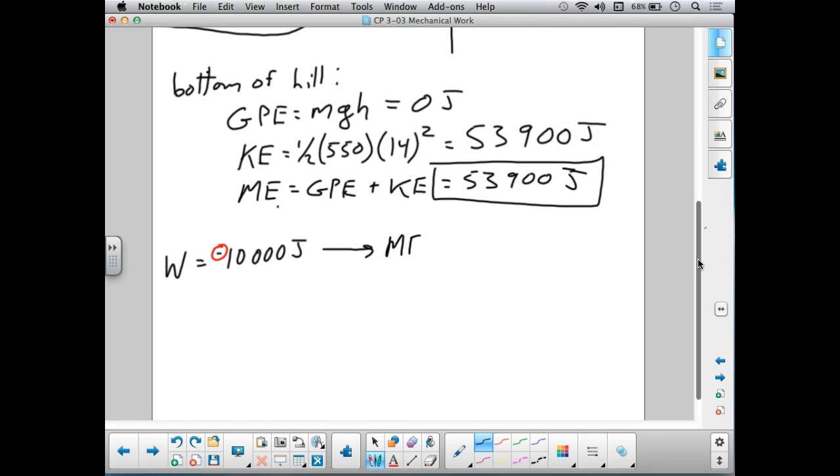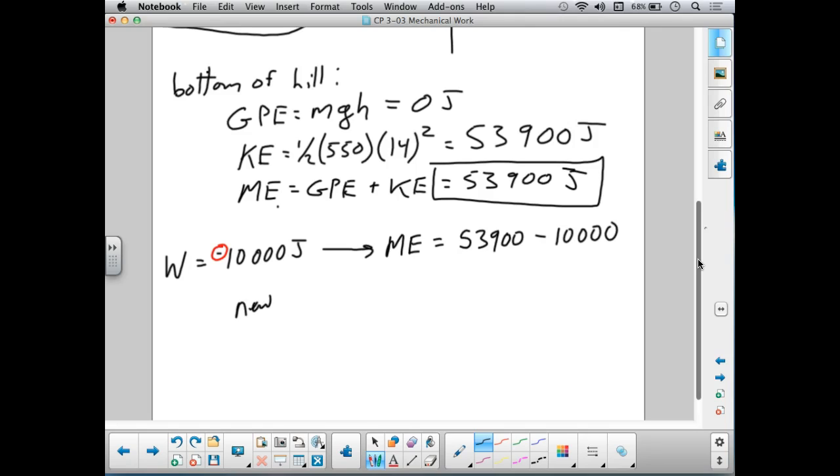My new mechanical energy is going to be my initial mechanical energy plus the work that I do. And in this case, the work is negative, so I want to subtract 10,000 joules of energy.